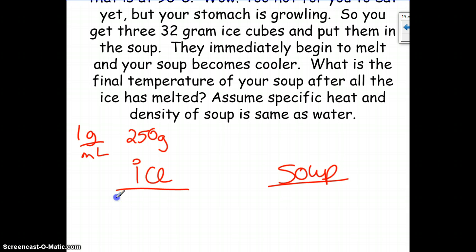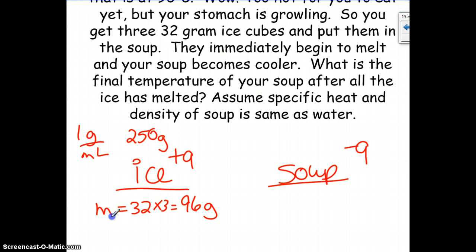We know that the ice is going to gain energy, so it's going to have a positive Q, while the soup is going to lose. The soup's going to transfer its energy to the ice, and eventually the ice is going to melt. We have 3 32-gram ice cubes, so 32 times 3, so our total mass of ice is 96 grams.